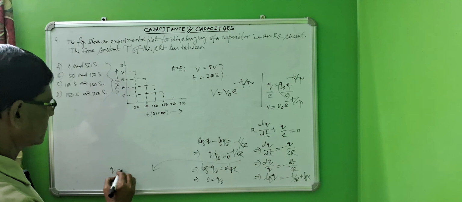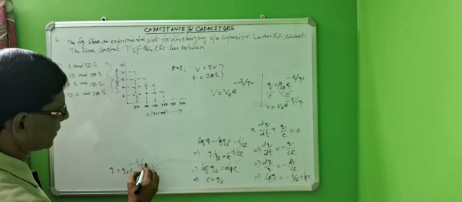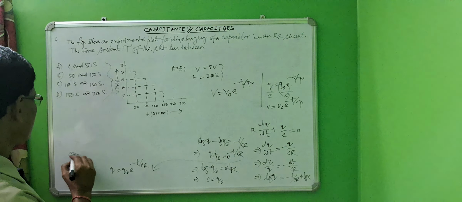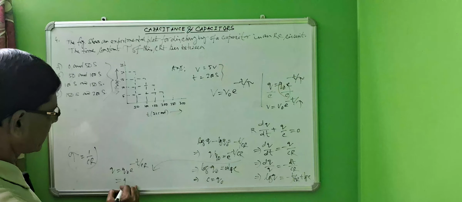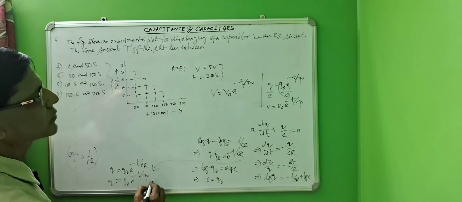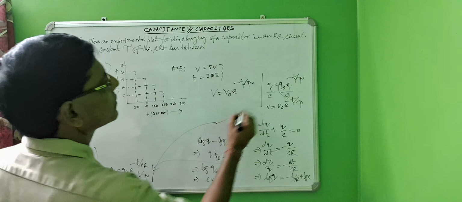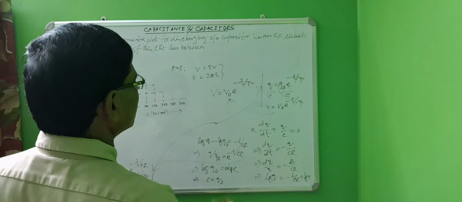We get q equals q0 e to the power minus t upon CR, and this tau equals CR. This is the time constant. So we can write q0 e to the power minus t upon tau. This comes here.